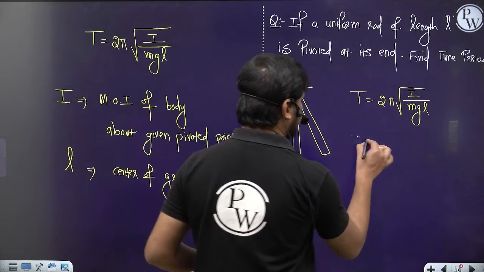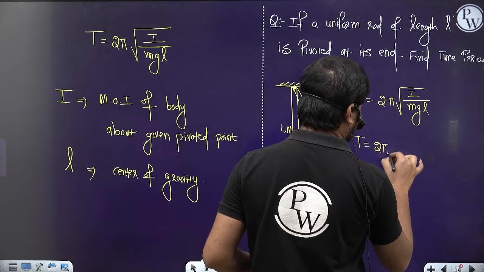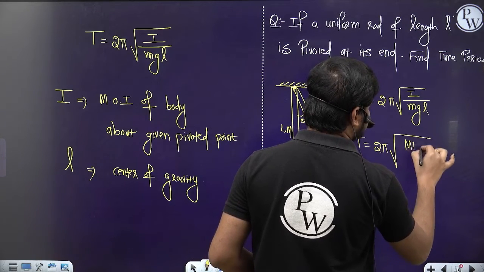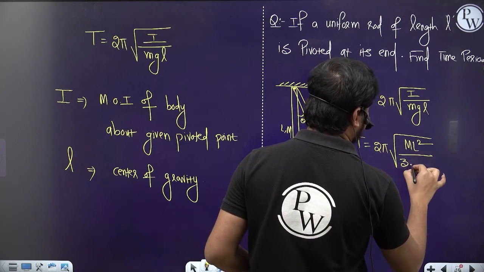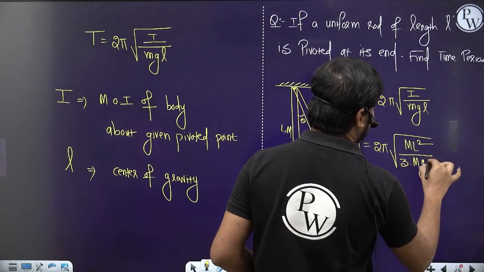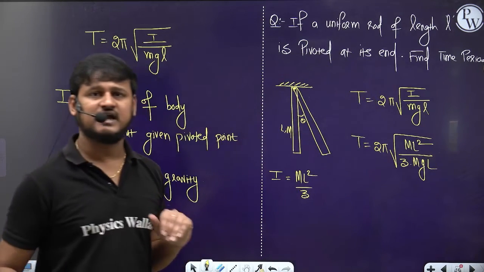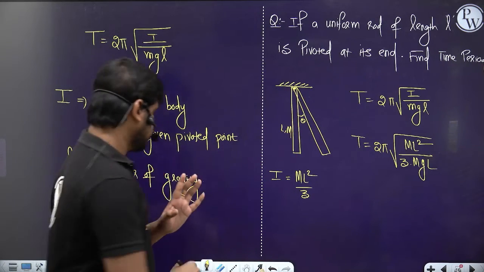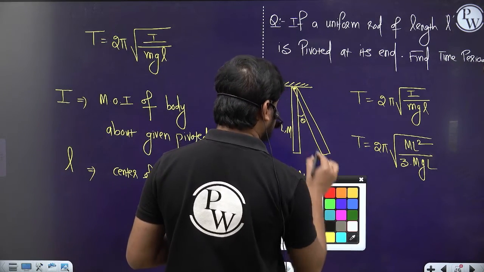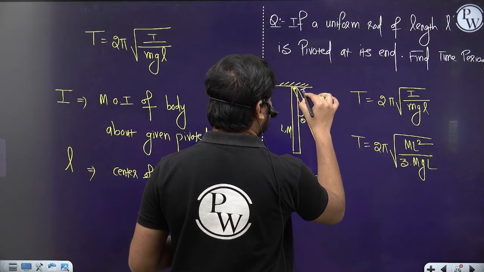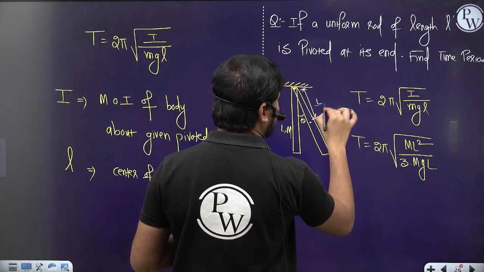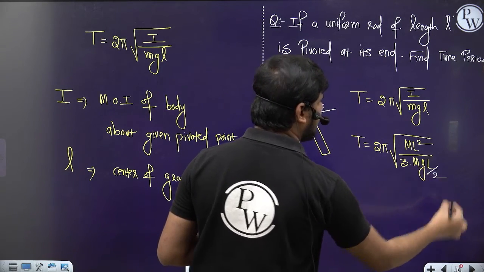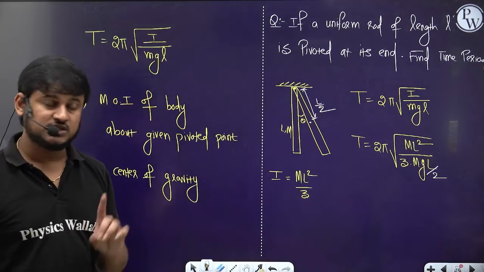So the time period is equal to 2 pi into root over ml square by 3 into mgl. Here, for the length, we have to take L by 2, since its center of gravity will be at a distance of L by 2. That is important.